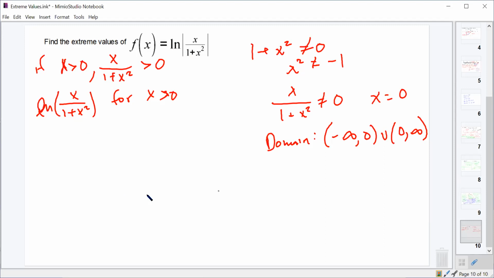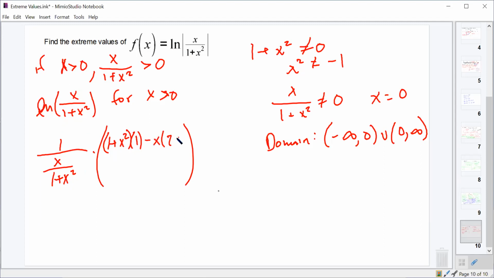Chain rule. Reciprocal. Yeah, so no, not the reciprocal rule, just the chain rule, right? Natural log of u, so 1 over u, times the derivative of u, so times the derivative of x over 1 plus x squared, which will be 1 plus x squared times 1 minus x times 2x all over 1 plus x squared squared.